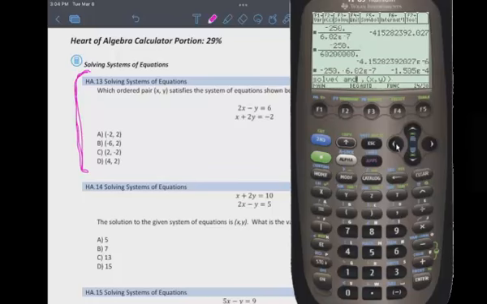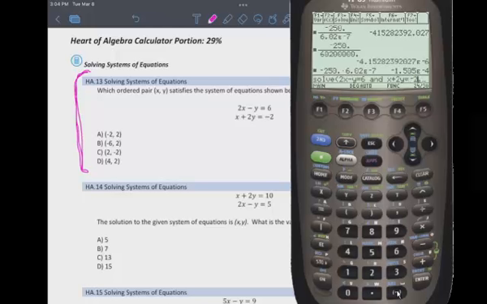And then what you can do is just scroll through. Right after the parentheses, type in your first equation here, so 2x minus y equals 6. Scroll over to right before the comma and type in your second equation, x plus 2y equals -2.